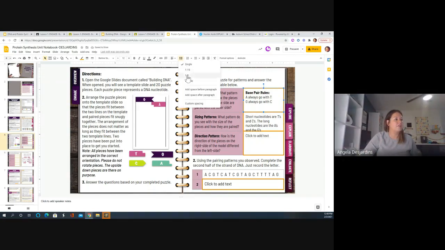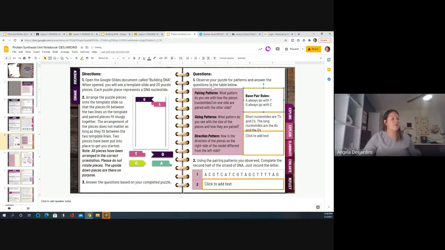I'll look that up so we can see that better. Oopsie. There we go. Which makes sense. Because if we go back to our base pairing rules, a T and an A will always go together. So we always end up having 1 short and 1 long.